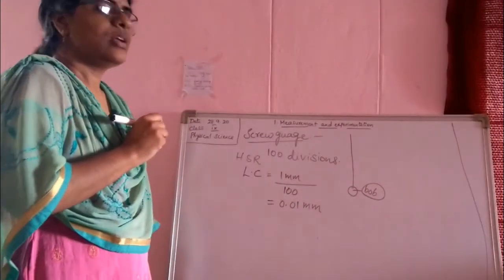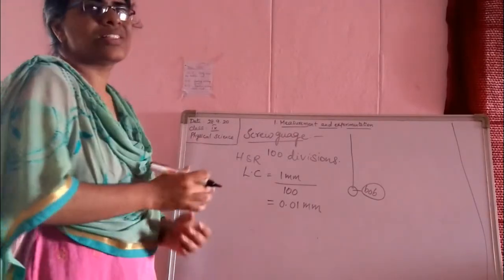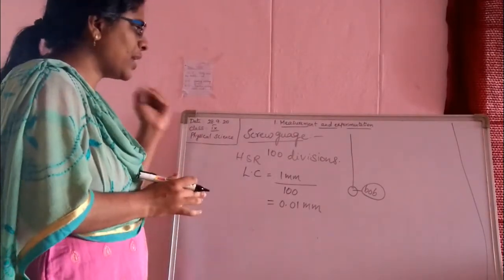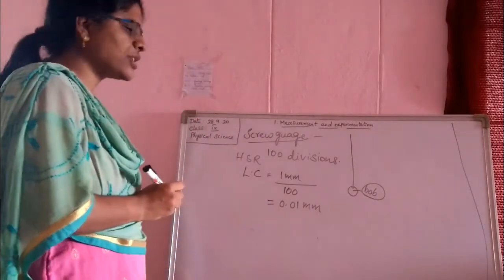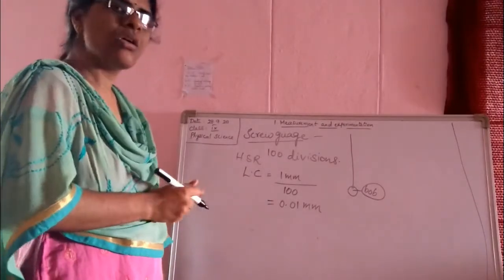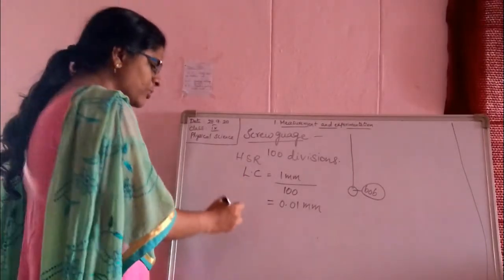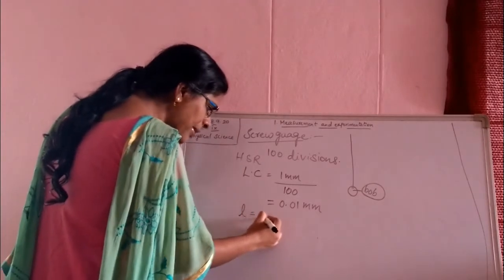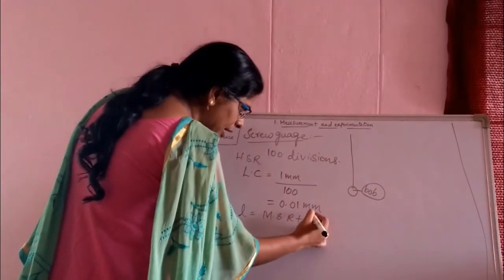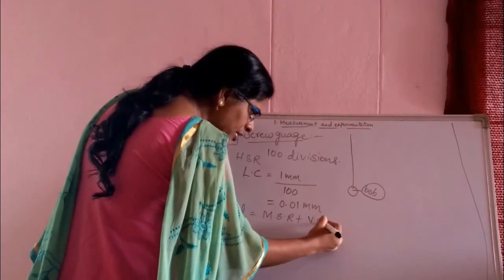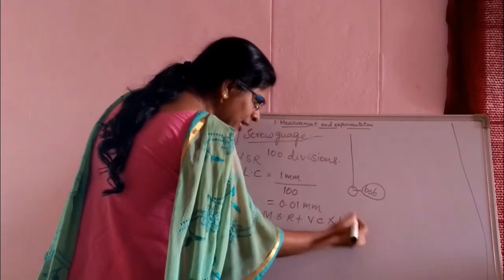Okay. Now the same thing as in the case of a vernier calipers, a screw gauge is also used to find the length of a glass plate or a sphere. The formula is again MSR plus vernier coincidence into LC.